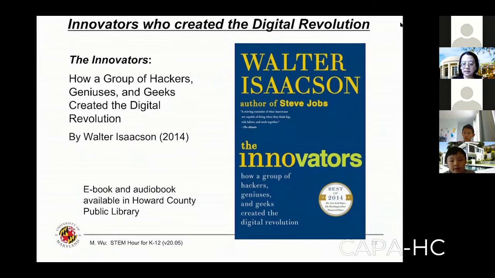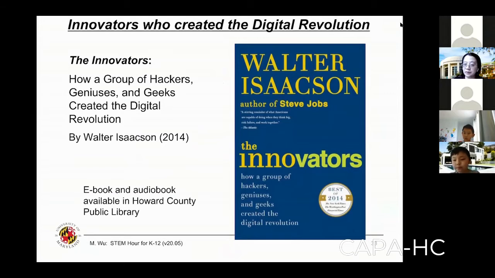Okay. So you see this book cover. This is a very nice book giving really historical reviews of many of the important discoveries that enabled our digital revolution. The author was Walter Isaacson. He was a very well-known biographer, who has written the book on Steve Jobs.